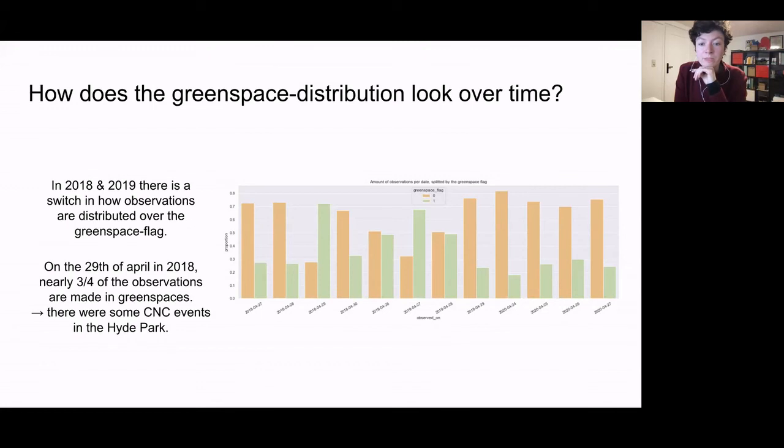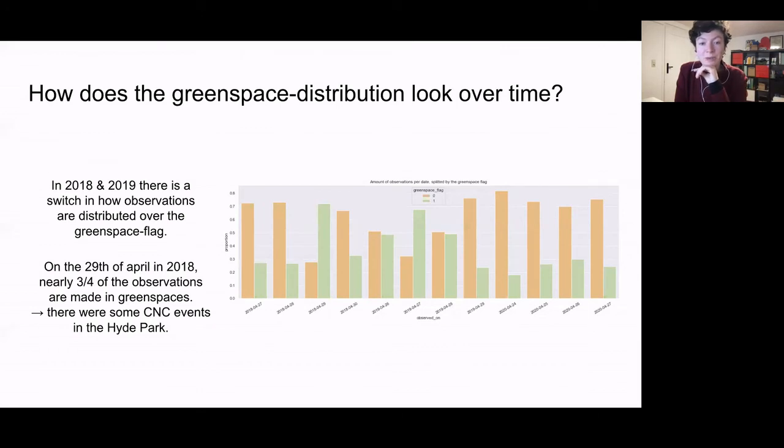And something really interesting you can see here is that, for example, for 2018, on the 29th of April, the height of the bars changes. Whereas on the 27th and 28th of April, most observations were made in non-green spaces, this is not the case for the 29th of April.